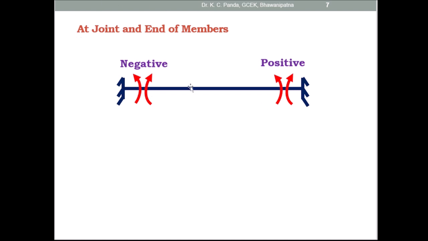So this is the moment direction at the end of the members, and this is the moment direction for the joint. At the end of the members if anti-clockwise, and at the joints if clockwise, this is considered positive, and if at the end of the members clockwise and at the joints anti-clockwise, this is considered negative sign convention for the moment.